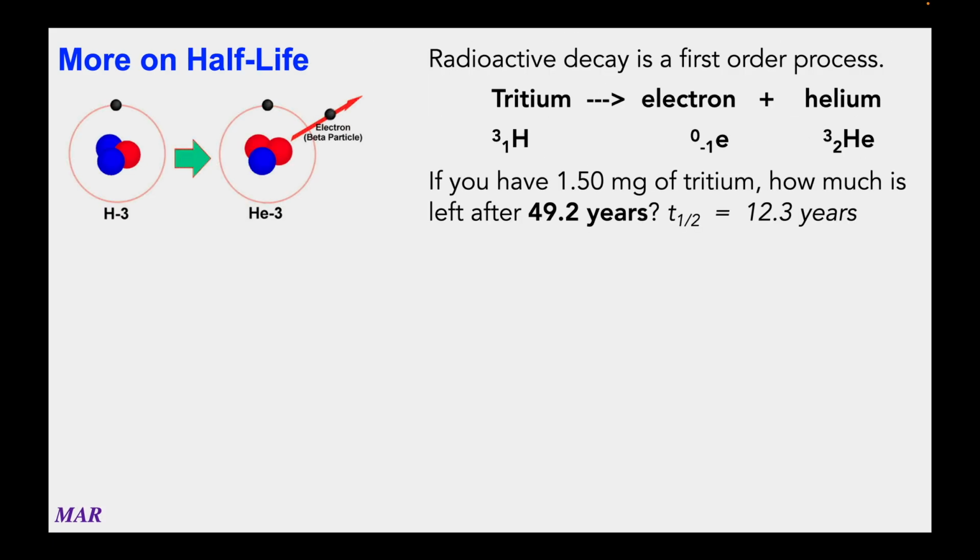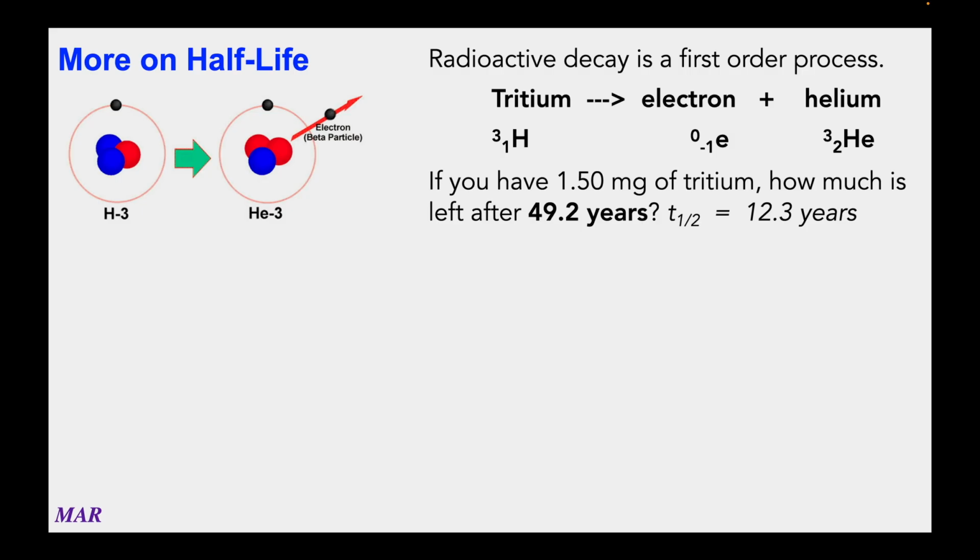As I stated earlier, all radioactive processes, as well as all biological processes, as far as I know, follow first-order kinetics. So first-order kinetics, the first-order integrated rate law, and half-life become super important when it comes to radioactive decay, which we'll talk about more in the next chapter. So here's an example of this.